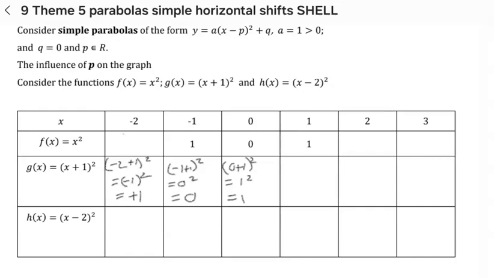What I want you to note here is for x equal to negative 2, I get the same value as I had for x equal to minus 1 before, which is 1.